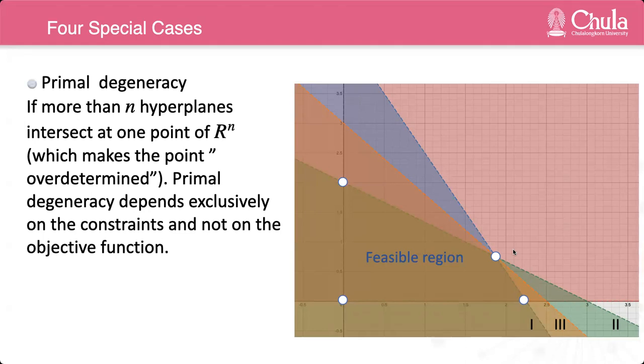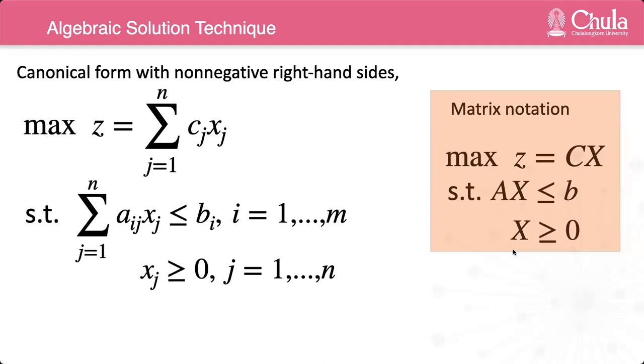We cannot draw 4 dimensions, right? So we use an algebraic solution technique. However, the idea is the same, okay? We look at the vertex of the feasible region, okay?